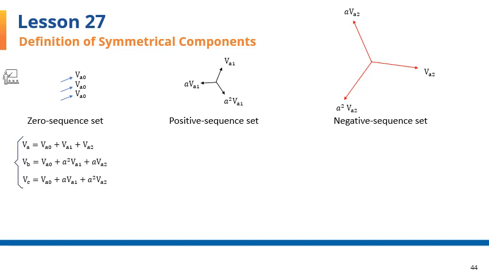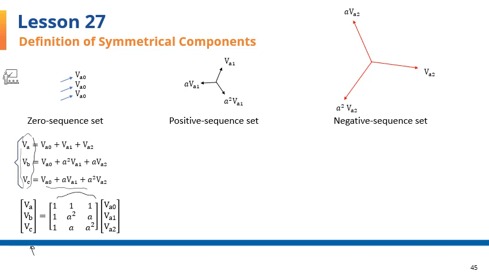But the most systematic way of solving them would be to put them in a matrix format, which I've done here. So I'll take these and make them into a column vector. Take the coefficients and make them into a 3 by 3 matrix, and take the unknowns, remember, we're going to be finding these, and make a column vector out of those.